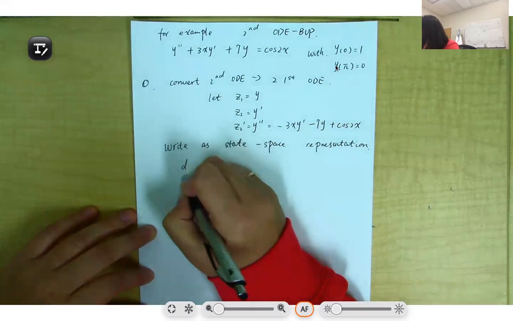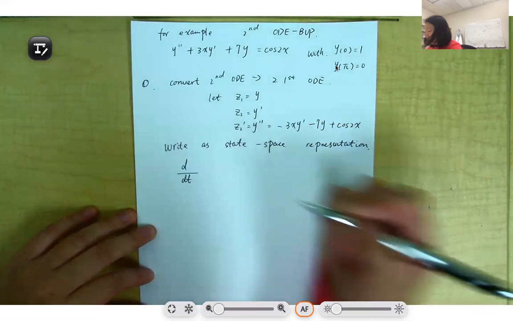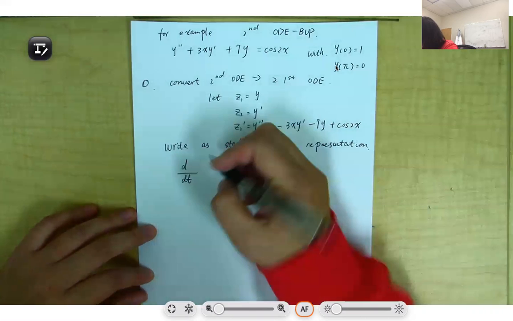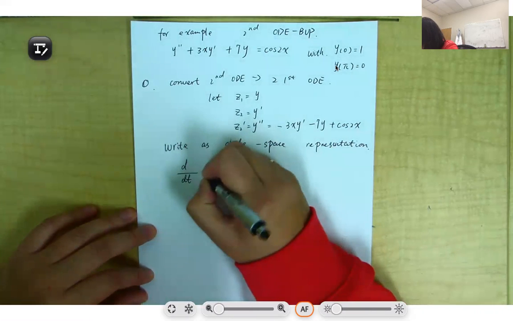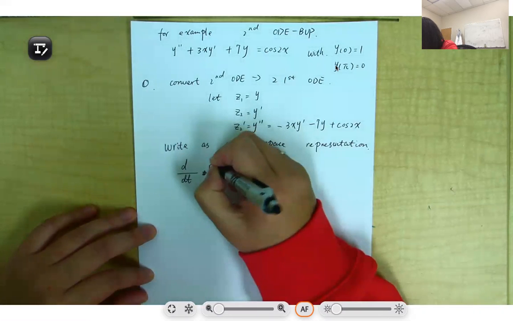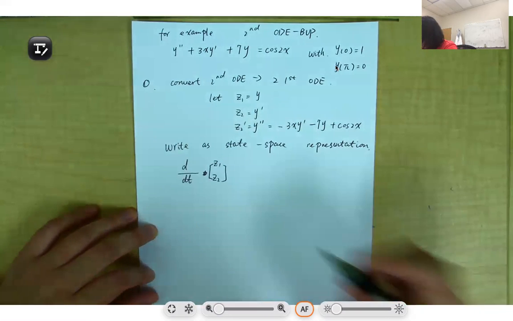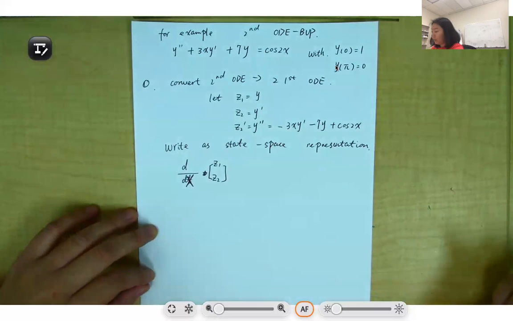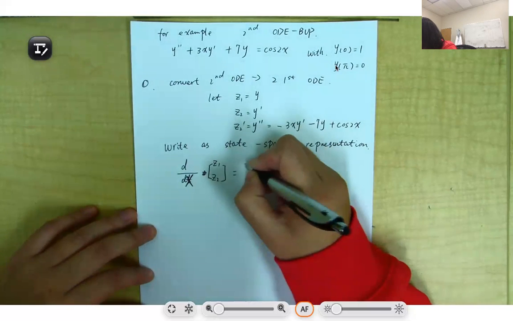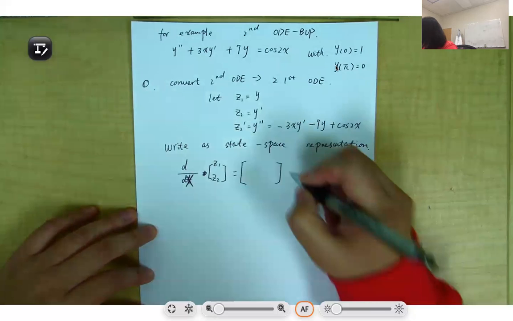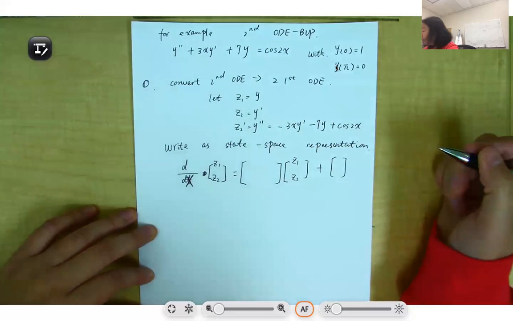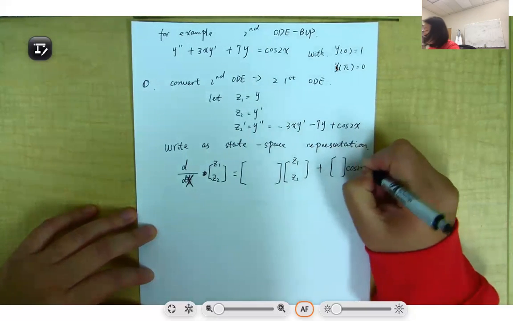And we have d over dt, so as a function of t, or it should be as a function of x. d over dx of z1, z2 will be equal to some coefficient times itself, z1, z2, plus some coefficient times the forcing function. The forcing function is cosine 2x.